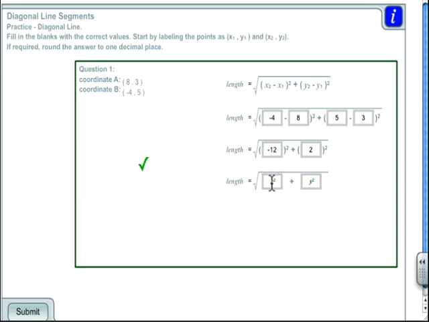Negative 12 squared is 144. 2 squared is 4. We can add those together. We get 148. Now we need to take the square root of 148, so let's use our calculator.